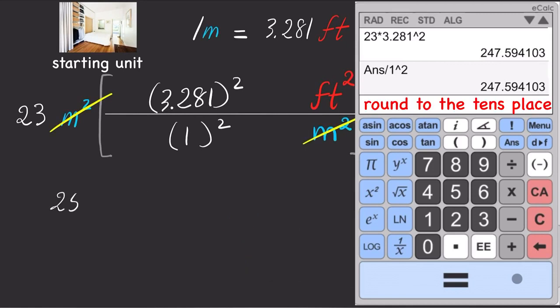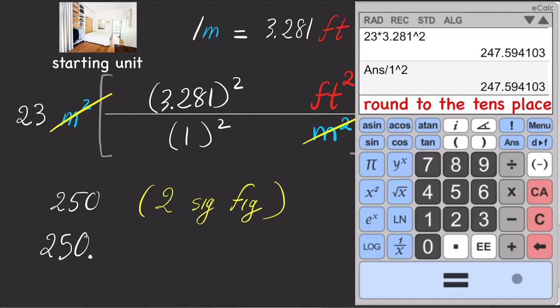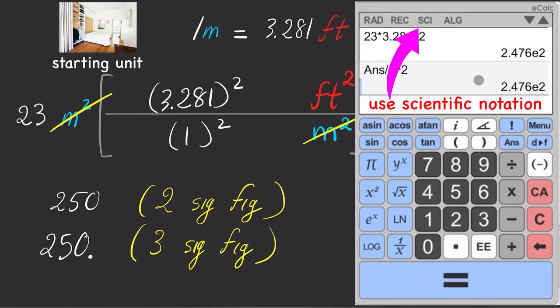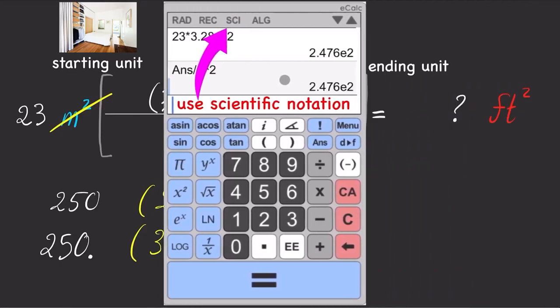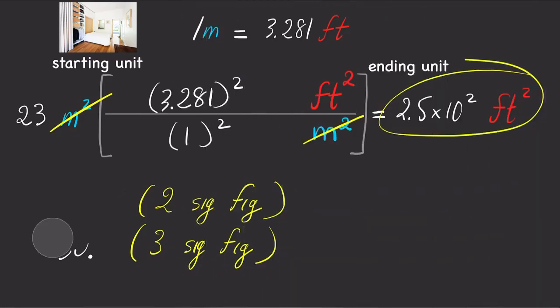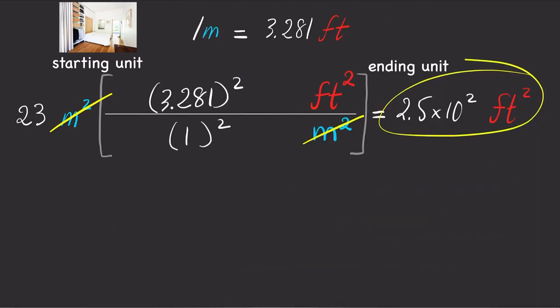Remember, 250 with no decimal place has 2 significant figures. 250 with the decimal place has 3 significant figures. That's kind of confusing. We'll just write 250 using scientific notation. So the answer is 2.5 times 10 to the second. Now it is crystal clear the answer has 2 significant figures.